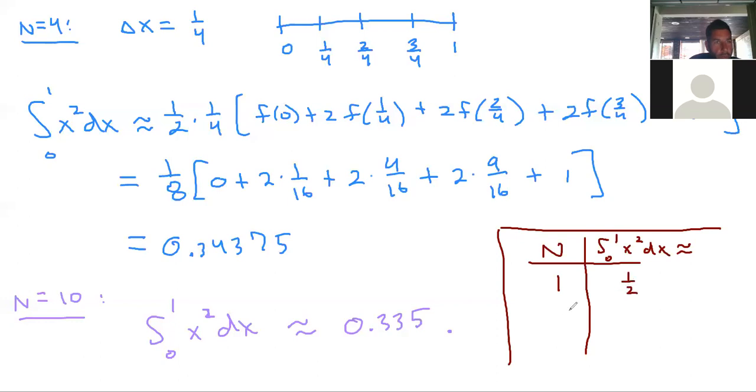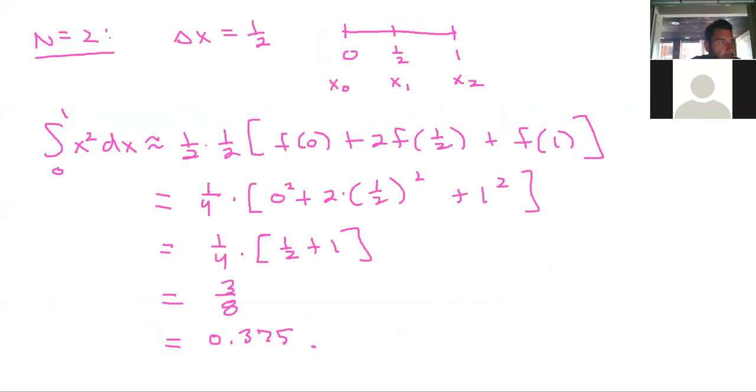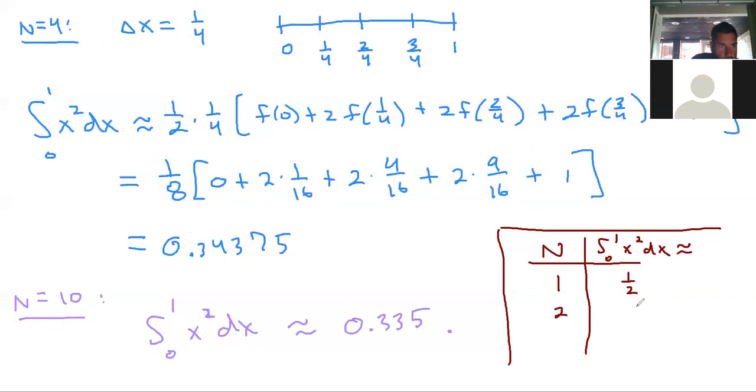When n is 2, we got 0.375. When n is 4, we got 0.34375. And when n is 10, you get 0.335. So the point is as n increases, that number on the right is going to, as you expect, converge to a third.